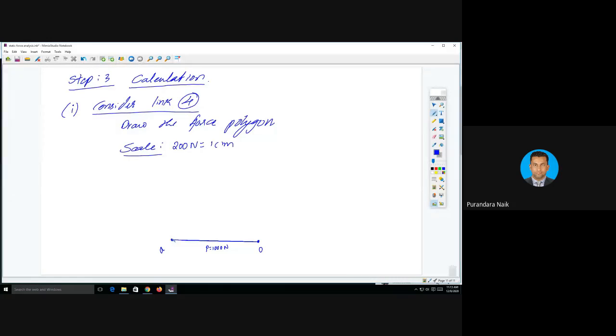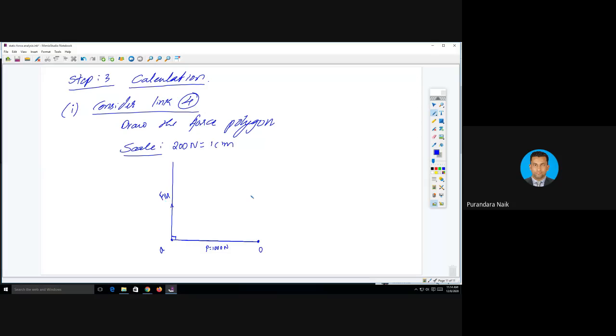Take a 90-degree line, draw one line. I don't know the length of F14. Next, for equilibrium, the summation of all the forces must be equal to 0, which means the force polygon must be closed.